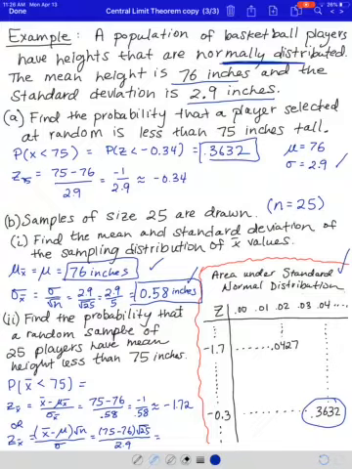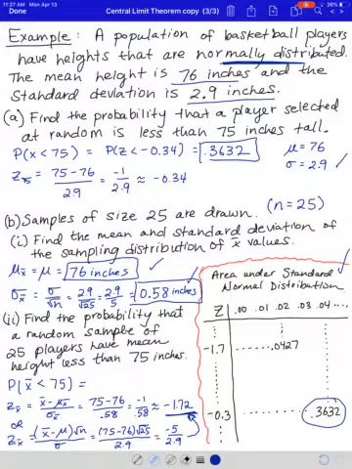And so what does this give us? In the numerator we have 75 minus 76 is negative 1, times the square root of 25 is 5, so negative 5 over 2.9. And if you plug this into your calculator, you should get approximately negative 1.72. So either way, you should get this same exact z-score.